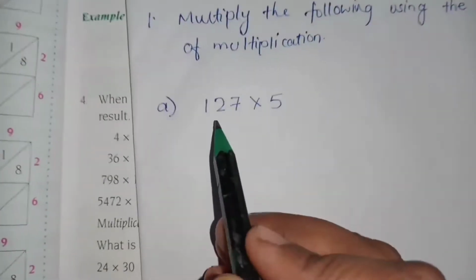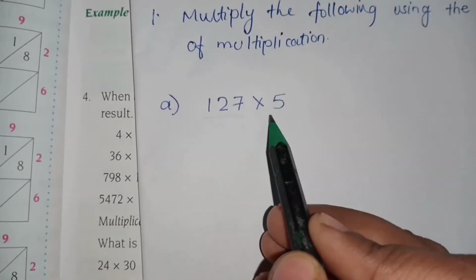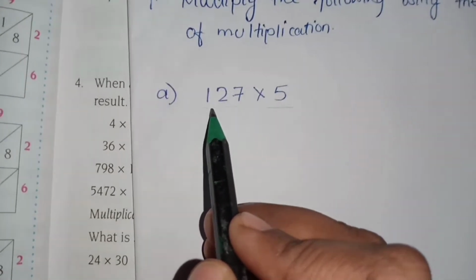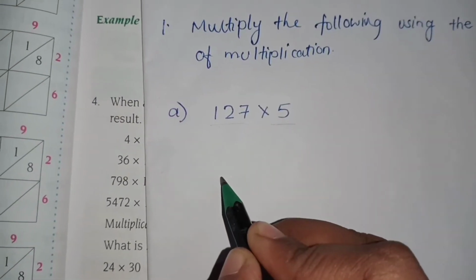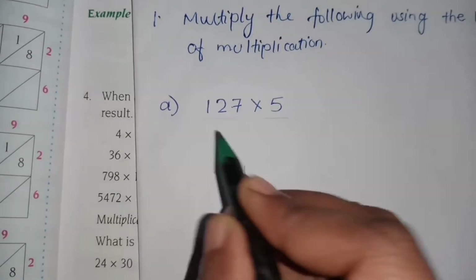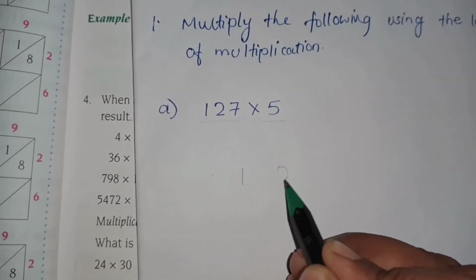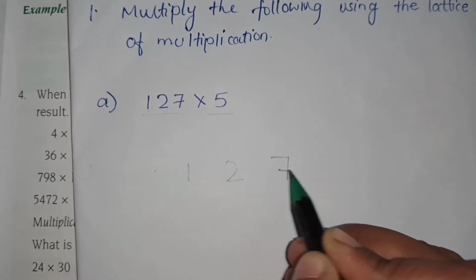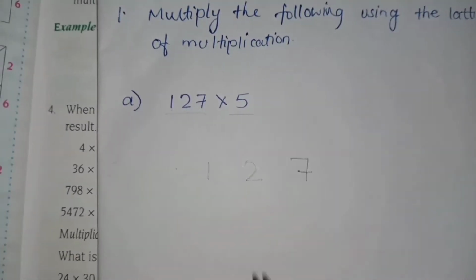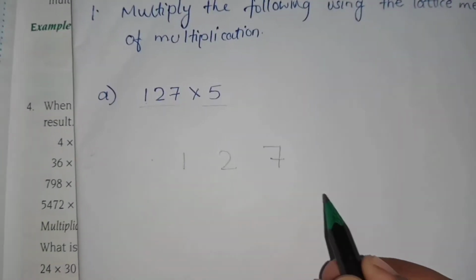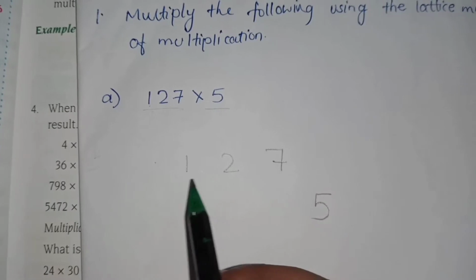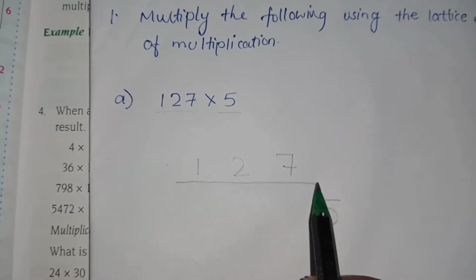Now see, this one is the multiplicand and this one is the multiplier. The multiplicand we will write here, 127. Write it a little bit separate. Now this multiplier you will write here. Done.